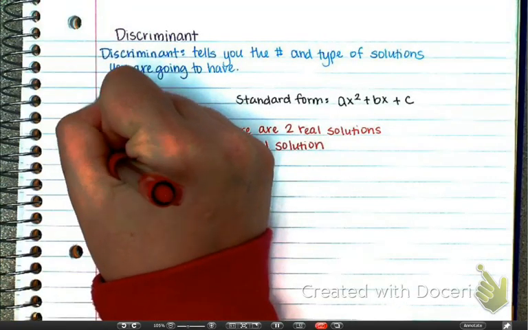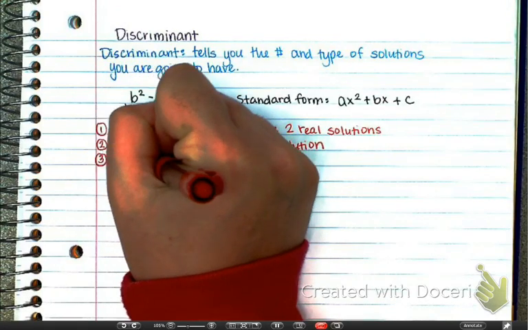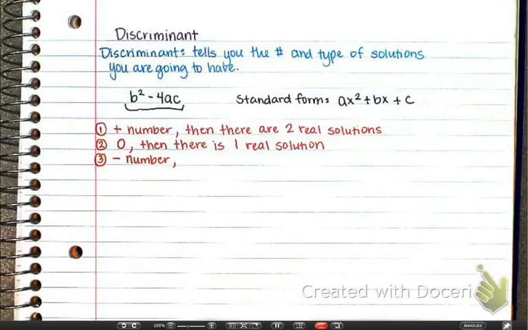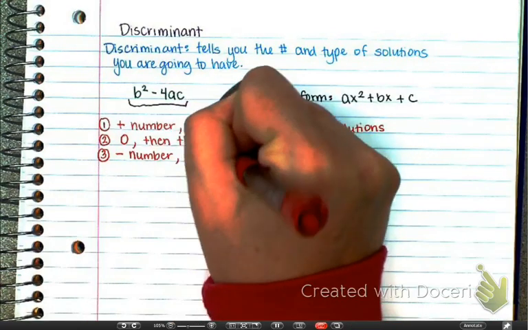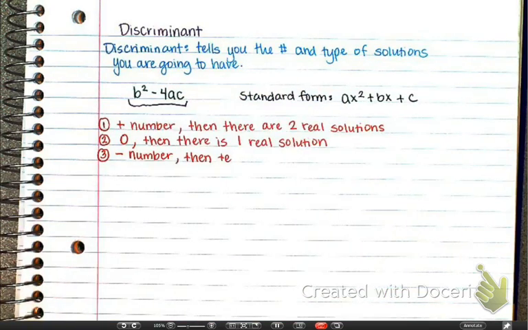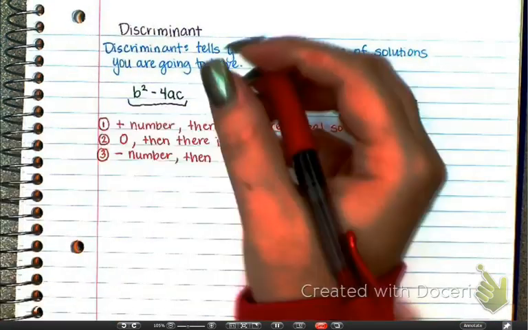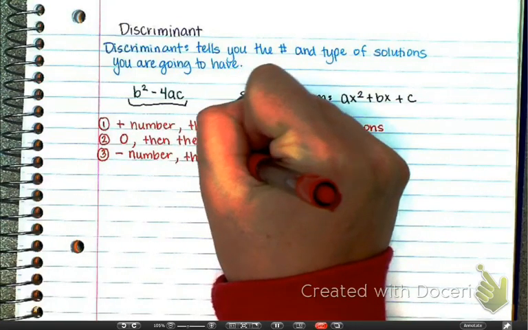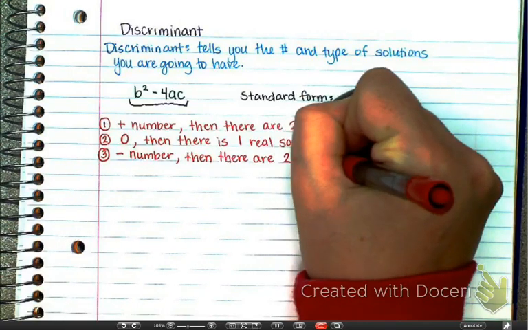And then our last possibility is if we get a negative number. So if we get a negative number, then there are 2 imaginary solutions.